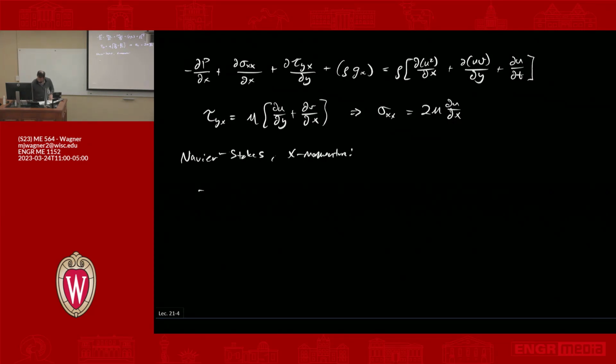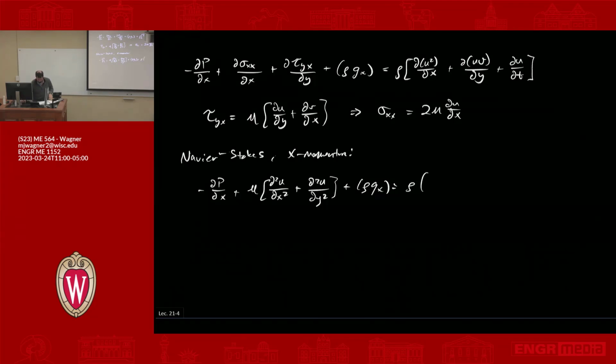That is minus partial p with respect to x plus mu times second derivative of u with respect to x plus second derivative of u with respect to y plus the gravity term rho times gx equals the same stuff on the right hand.